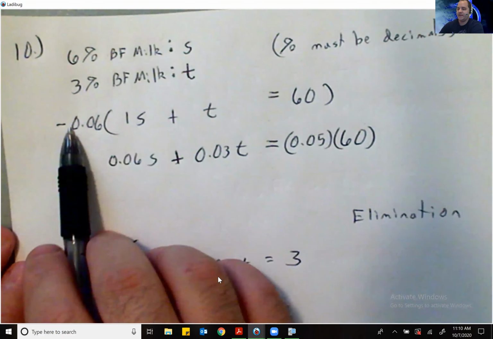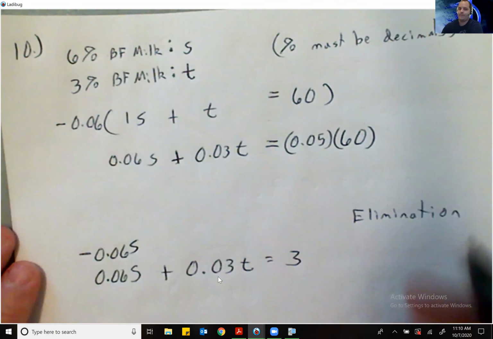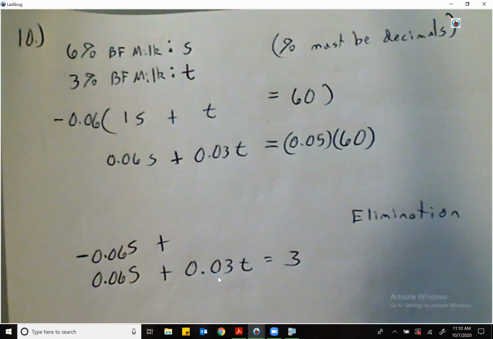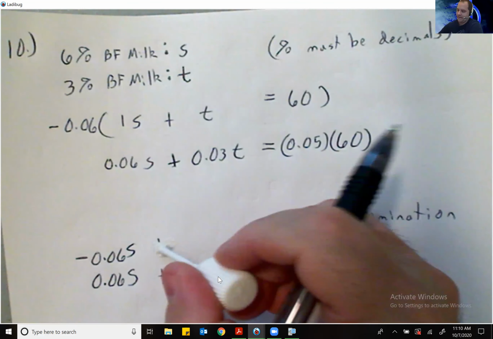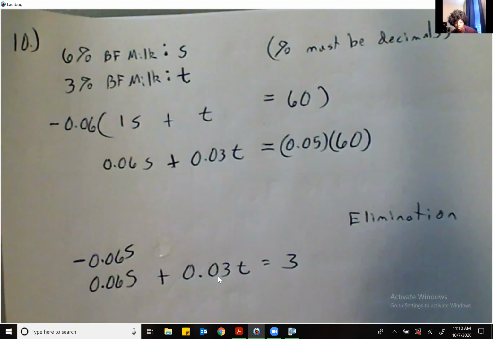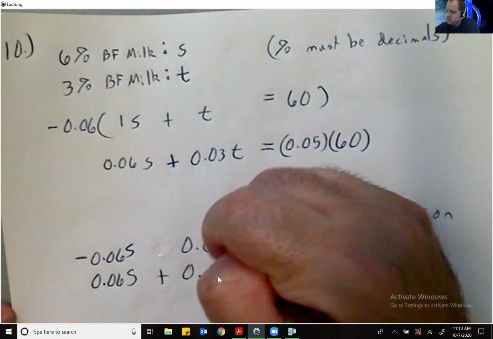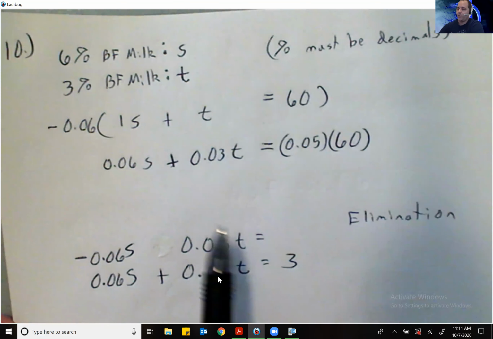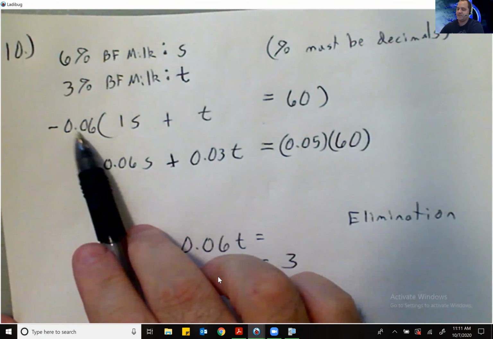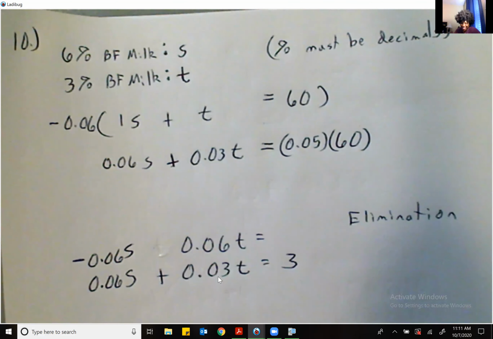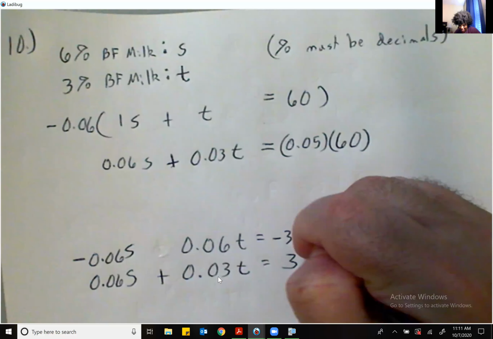Negative 0.06 times t gives us what? Negative 0.06 t. I'm just going to turn that into a minus already. So minus 0.06 t. And what is negative 0.06 times 60? Negative 3.6.